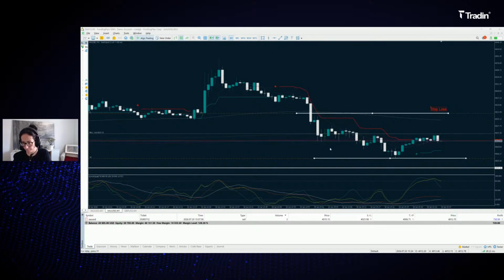Properties. Stop loss there. Take profit here. Take profit in green. Yeah, a bit better. Not fantastic, but maybe it's better this way.